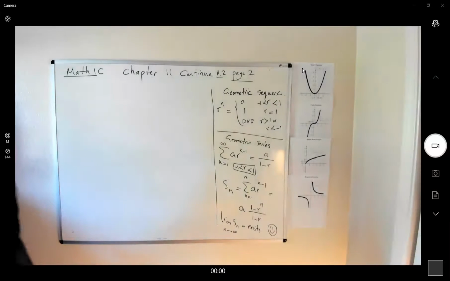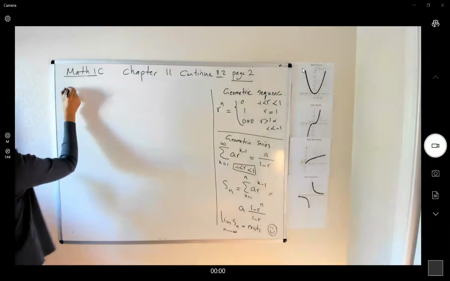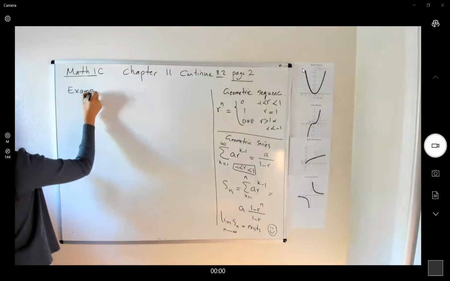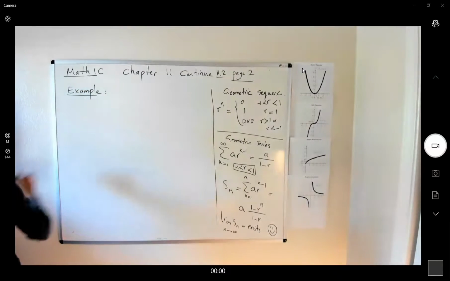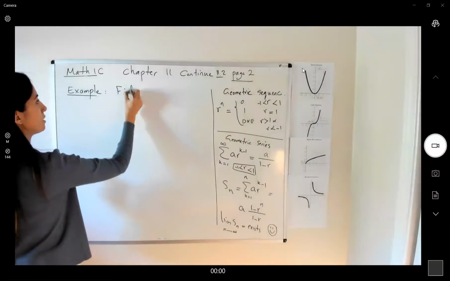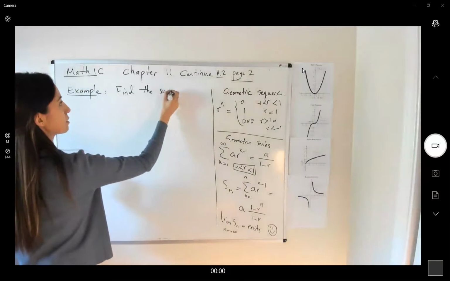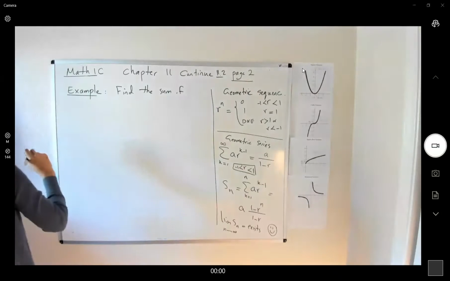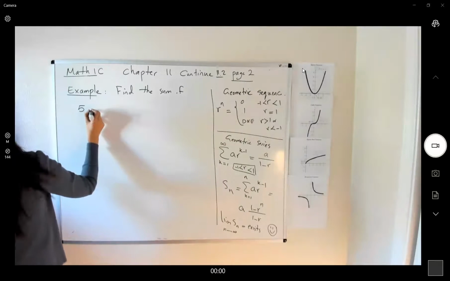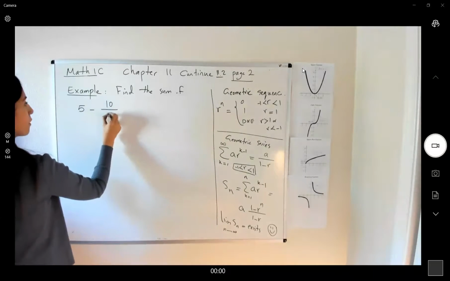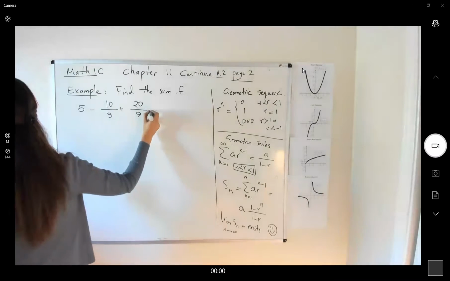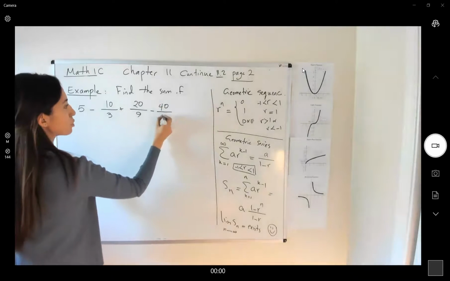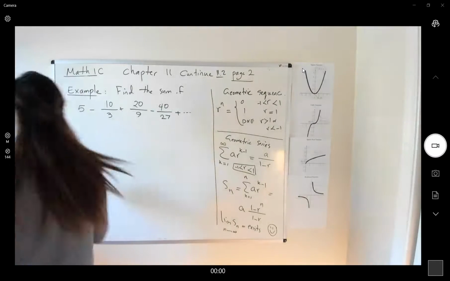Perfect. Let's take a look at this example. The question says, find the sum of 5 minus 10 over 3 plus 20 over 9 minus 40 over 27 plus the rest of it.